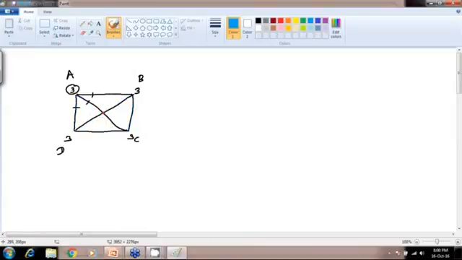So no matter however we try, you can take this figure and try it, but you will see that it's not possible to traverse all the edges such that we don't go through the same edge twice.